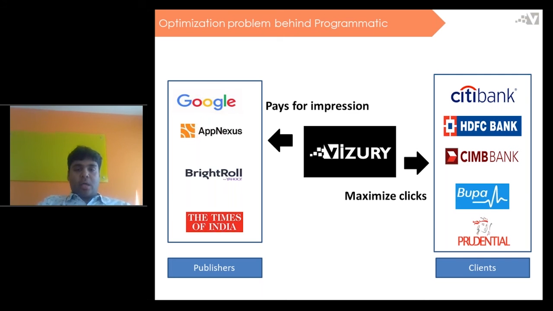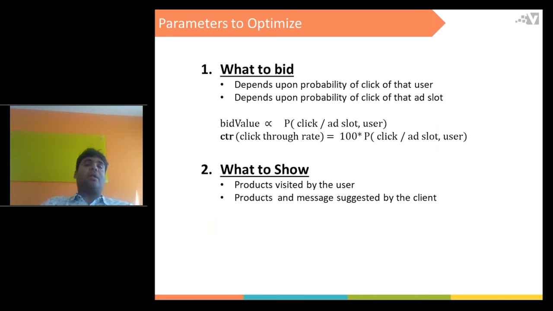Since we have an optimization problem, there are parameters to optimize. The first parameter to optimize here is the bid value. Bid value, as I mentioned earlier, depends on two major chunks of variables.